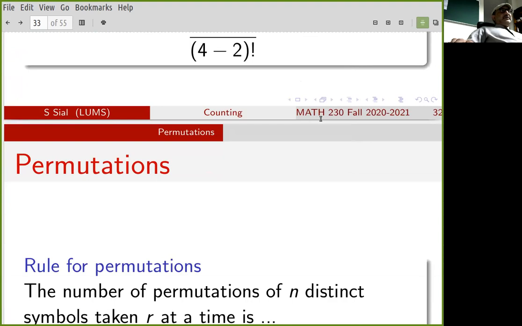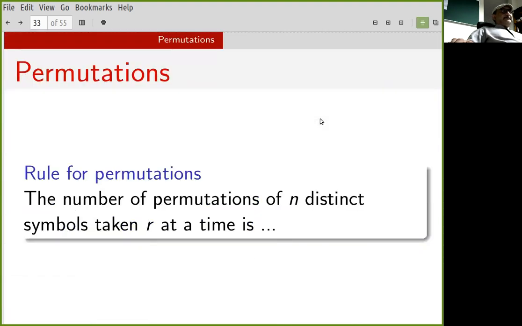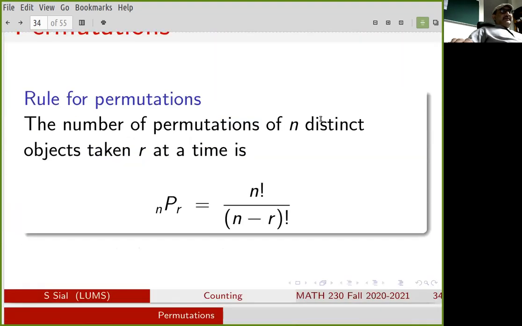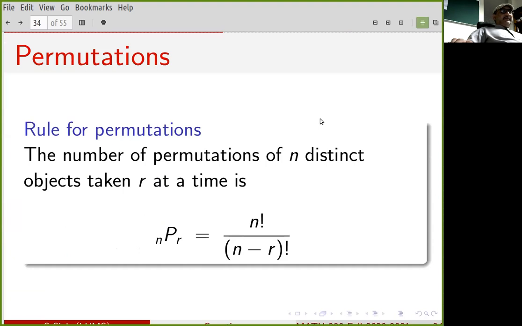So, rules for permutations. The number of permutations of n distinct symbols taken r at a time is n factorial divided by (n minus r) factorial. We use the notation nPr, which some people read as n pick r.